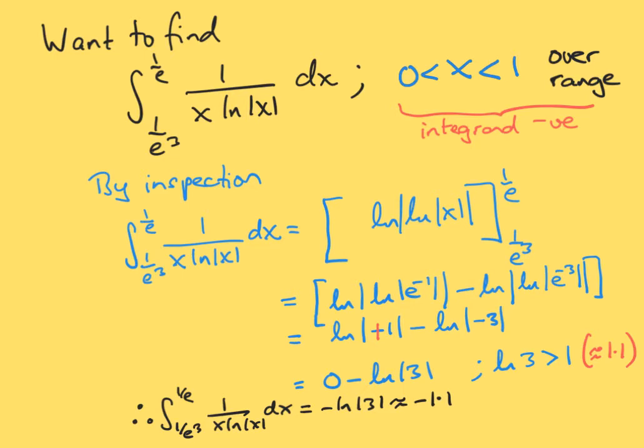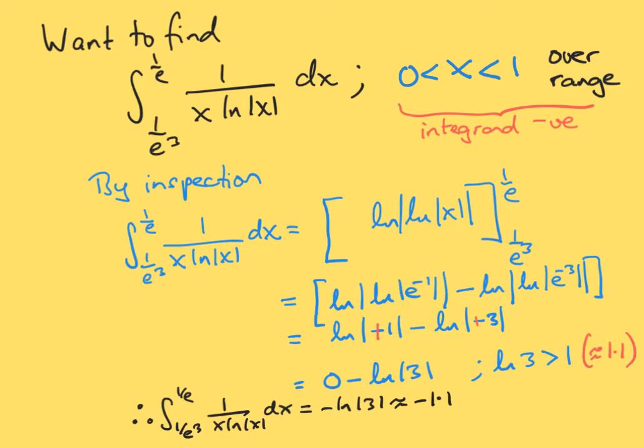And then from the lower limit, we subtract, and it is the logarithm of e to the minus 3 is positive, its logarithm is minus 3. And in just the same way, we have a modulus, so this means the logarithm of plus 3. And the logarithm of plus 3 is going to be a little bit bigger than 1, because 3 is a little bit bigger than e, and logarithm of e is 1.